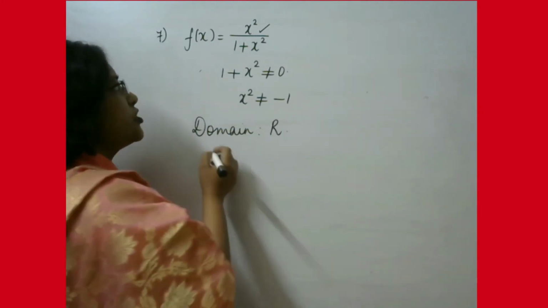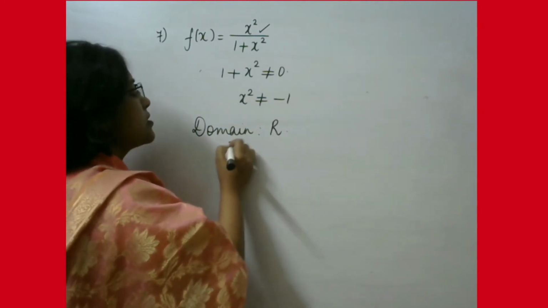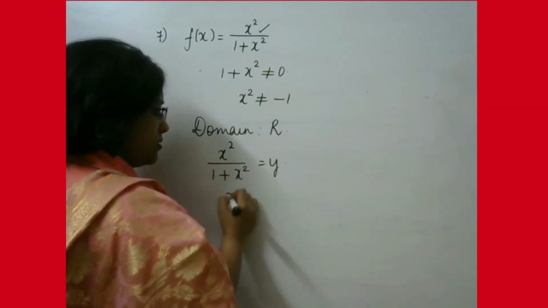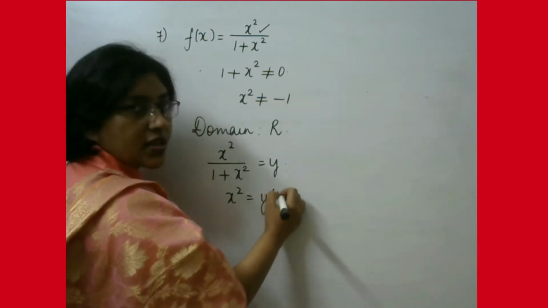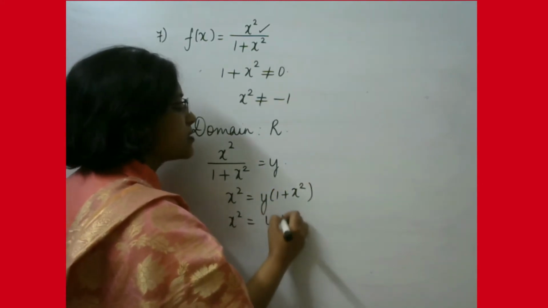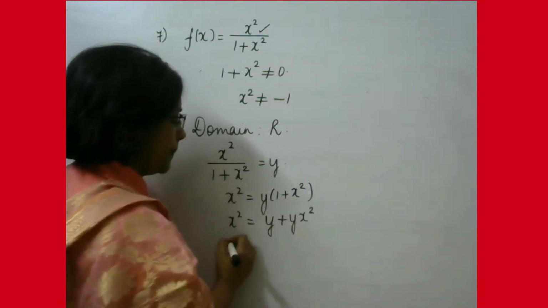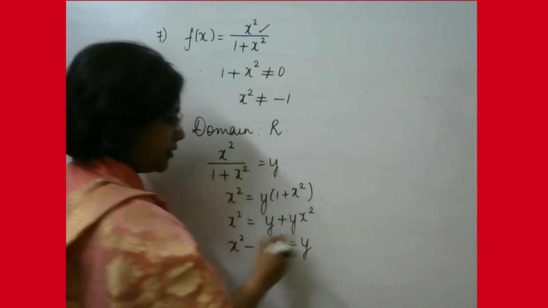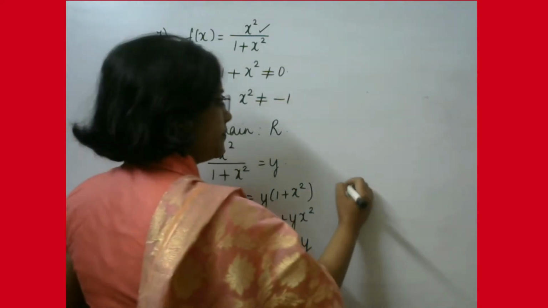But for the range, let us equate this to y and find out x. So taking 1 plus x square on the other side, y plus y x square, and we need to find x, so bring all x terms on one side, x square common.